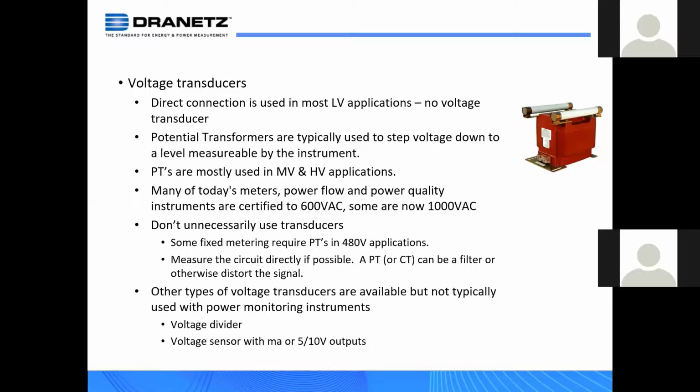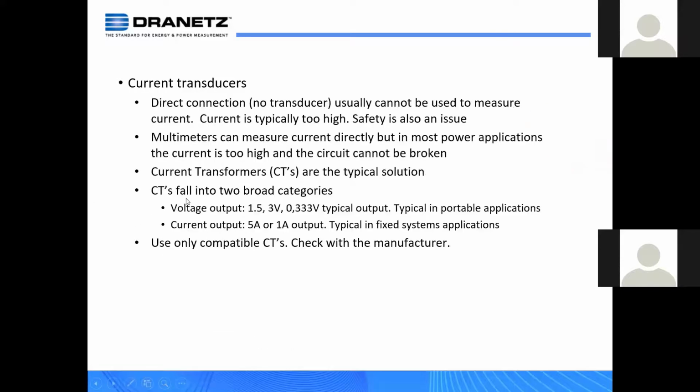The instrument is measuring the secondary of that. When you set up the instrument, you enter a multiplication factor, so all the metering looks like it's on the primary side. So CTs, again, in our world, you're typically not looking at a direct current measurement. Except if it's under 5 amps in some of our permanent instruments, you're not wiring a current directly through our instruments like you would a low current application in a multimeter.